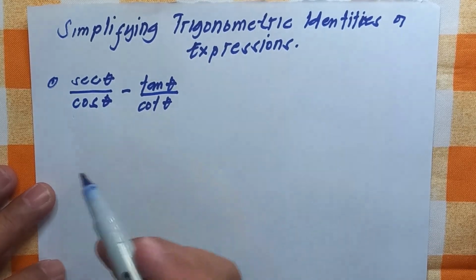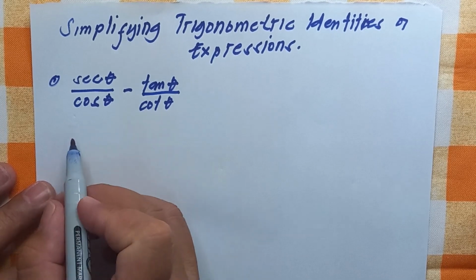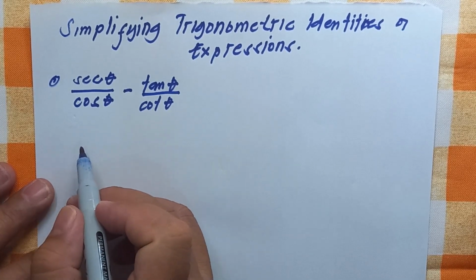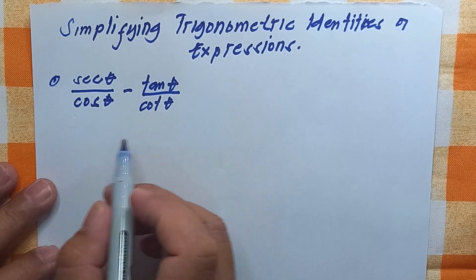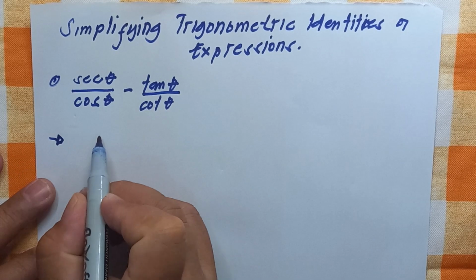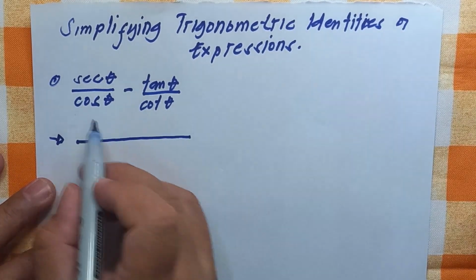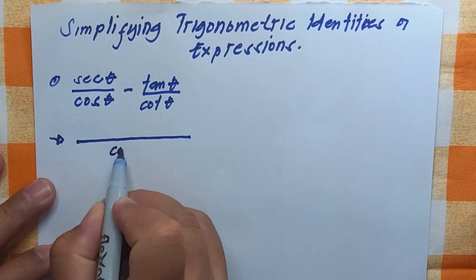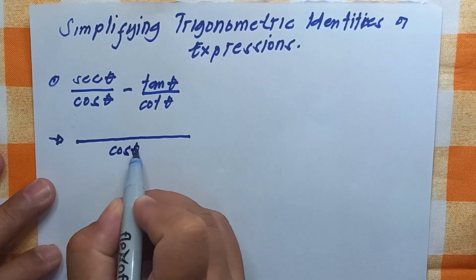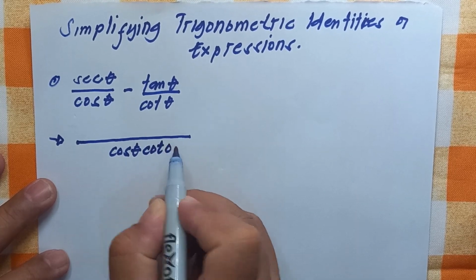Okay, so how are we going to get the difference of this one? Definitely, the very first thing that we are going to do is we have to get the LCD. What is the LCD? Our LCD in here is cosine theta cotangent theta.